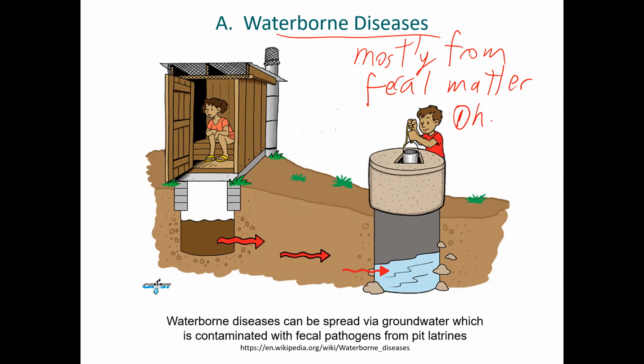So one is, of course, humans. And you can see that's what's shown here in this slide. We have human waste, okay? And that can obviously, if there's pathogens in the human waste and they get into your drinking water, then that is a big problem. But there's two other sources, and I have them broken up because they are sort of different.